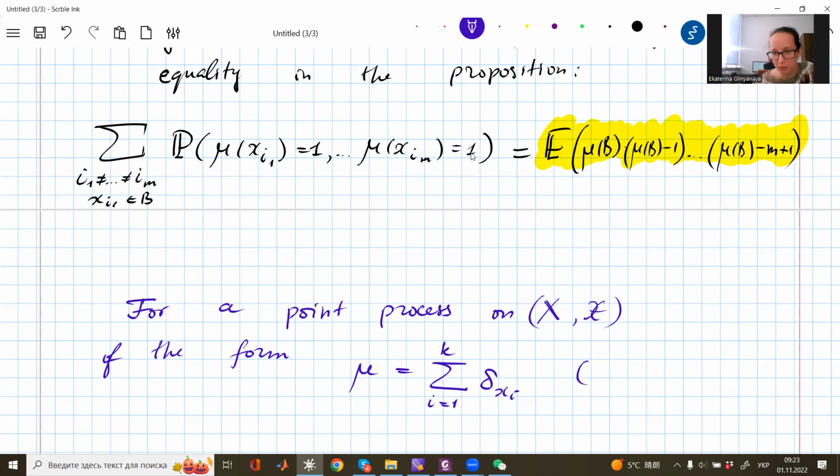K here can be a natural number or infinity as well.